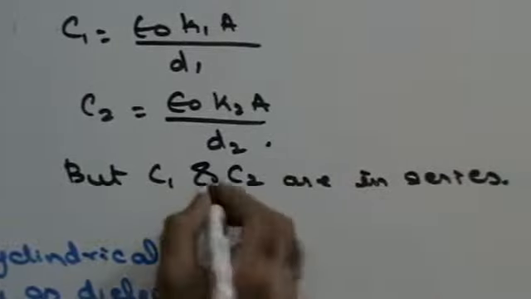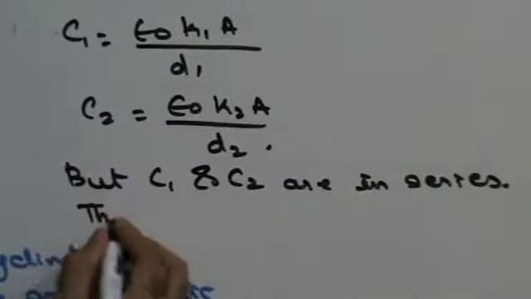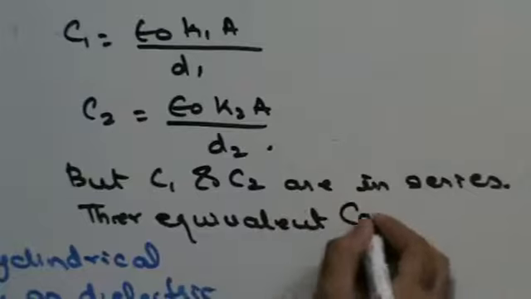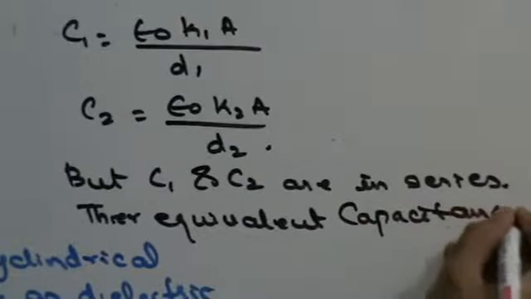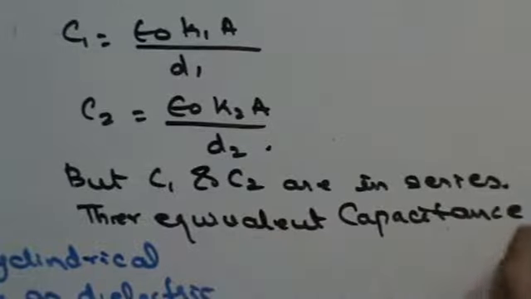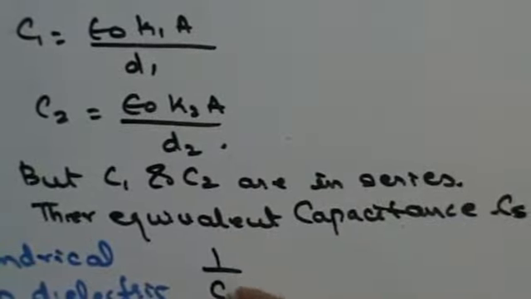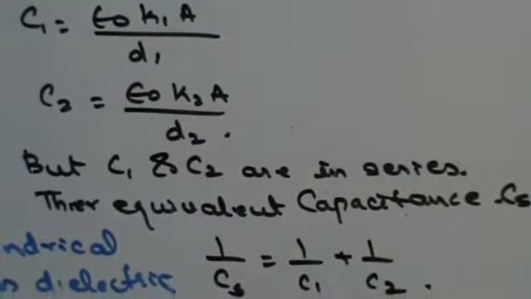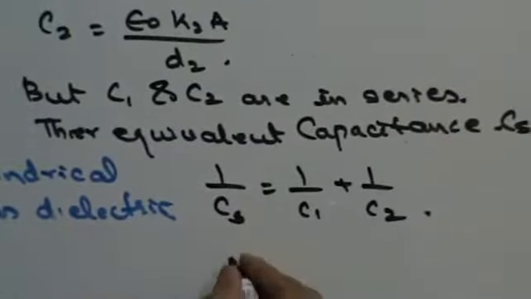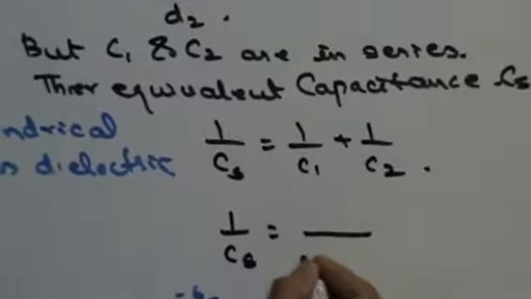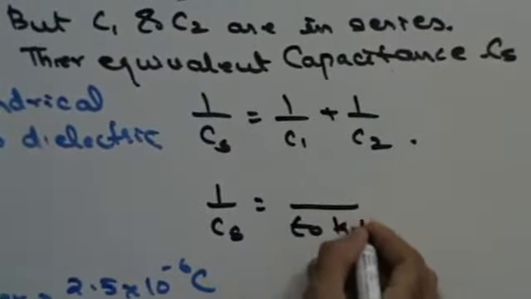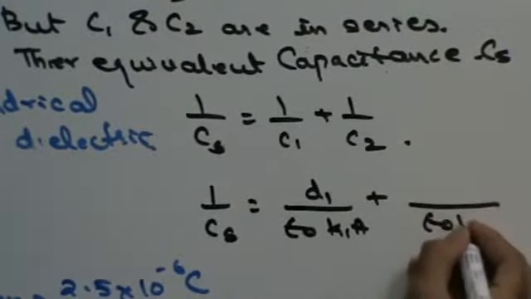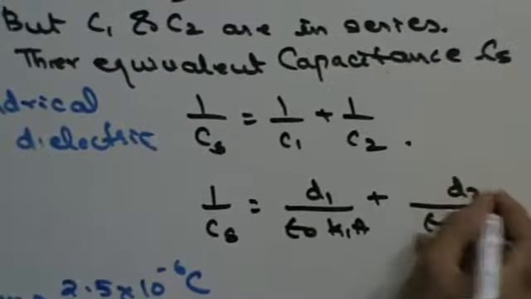Since they are in series, their equivalent capacitance will be CS, and 1 upon CS will be nothing but 1 upon C1 plus 1 upon C2, right? In which case 1 upon CS is 1 upon C1, that means epsilon 0 K1 A upon D1, plus 1 upon C2, that is epsilon 0 K2 A upon D2.